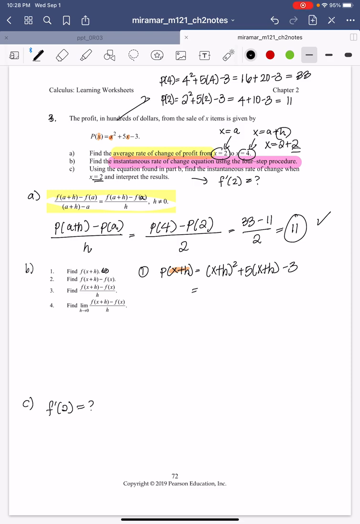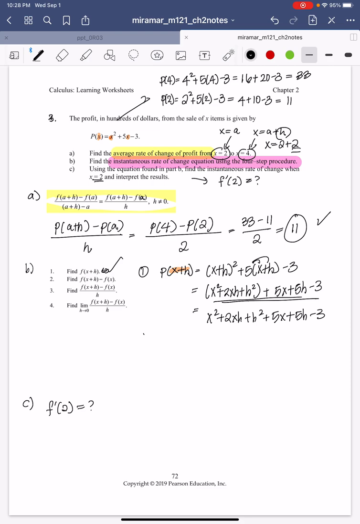If you FOIL the first term, you end up having x squared plus 2xh plus h squared, plus distributing 5, 5x plus 5h minus 3. Nothing cancels out here, so just x squared plus 2xh plus h squared plus 5x plus 5h minus 3. That will be step 1.